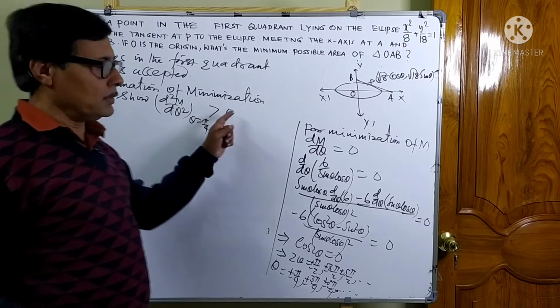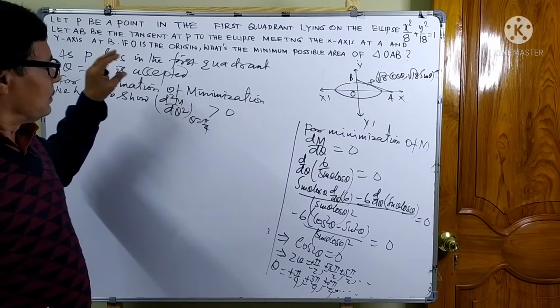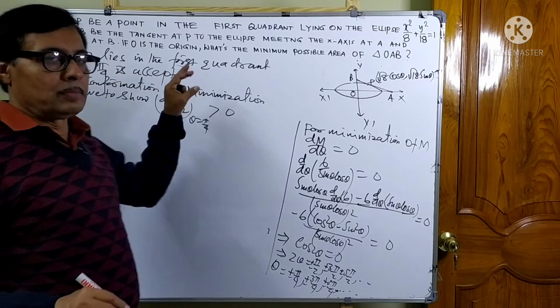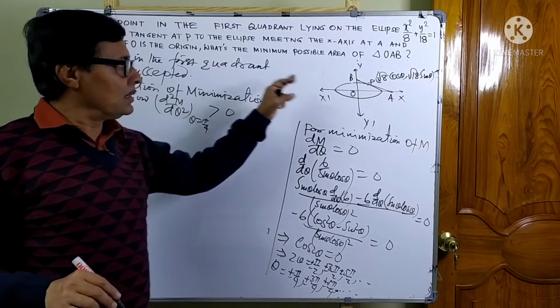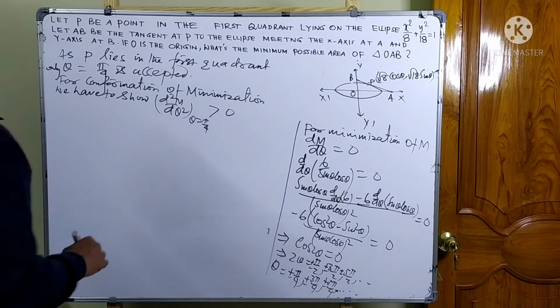If we are able to show it, we shall say that M, the area of the triangle OAB, is minimized.